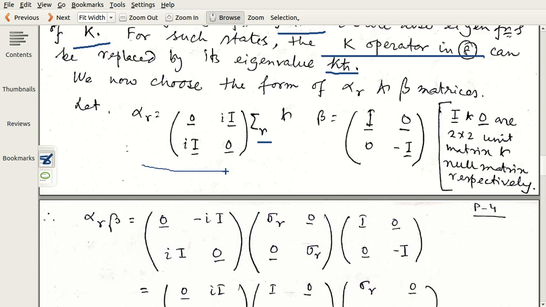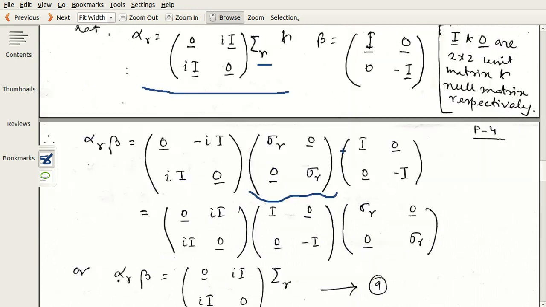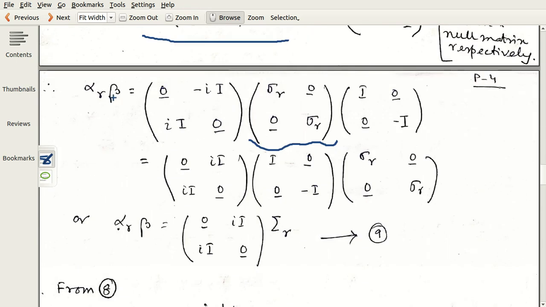So alpha r is taken this way, whereas sigma r will be of this form, and beta is of this shape: I 0 0 minus I. Now you calculate alpha r beta. You will see that this is the sigma matrix and this is the beta matrix, and as the beta matrix is composed of only identity operators, they commute.